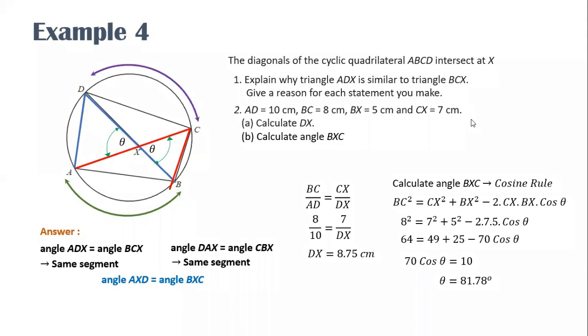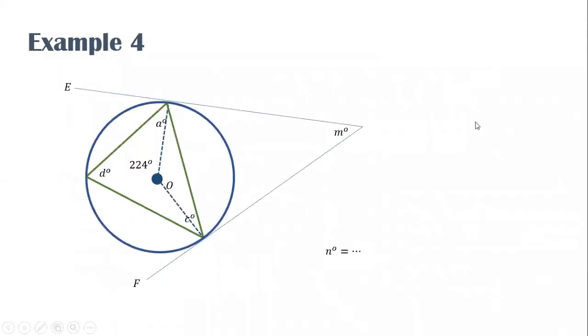Okay, students, we go to the next example. Example 5, of course. Let's say this one is d degrees, this one is 8 degrees, this one is 224 degrees, and this one is 8 degrees. And there are two tangent lines.